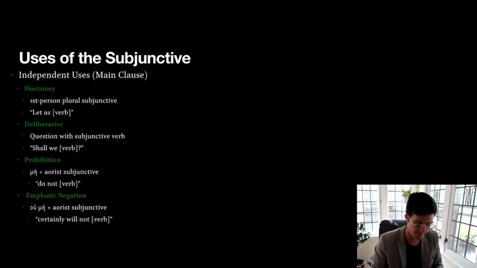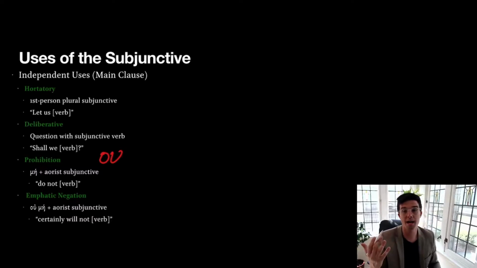A subjunctive of prohibition is going to be the negative particle mē with the aorist subjunctive. Remember, normally the indicative mood is negated by which negative particle? That's right, ou, like this. And normally the non-indicative moods are negated with the negative particle mē.